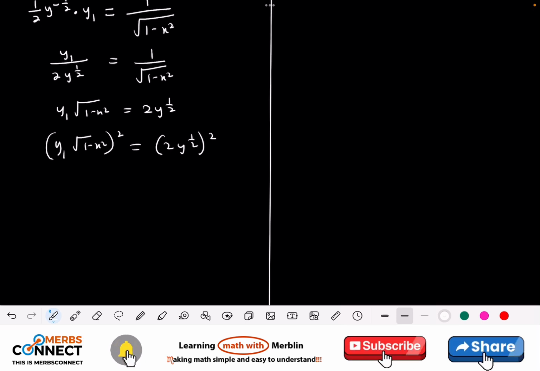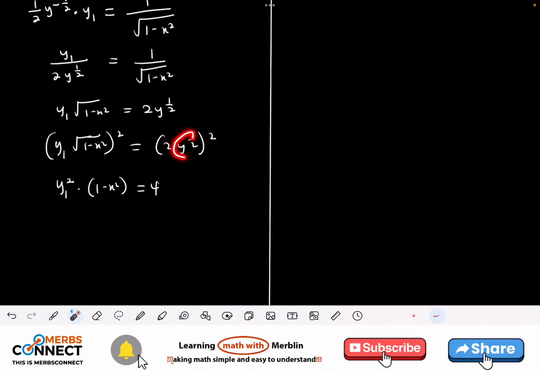So this is going to give us y1 squared times, then I will square this one, but when I square this one, this will cancel that. So I'm going to have 1 minus x squared, which is equal to, I will square this one, that will give us 4. Then when I square this, this will cancel that. So we are going to have just y.